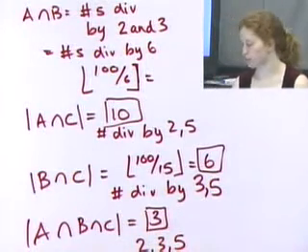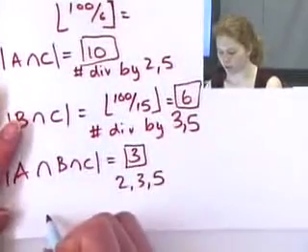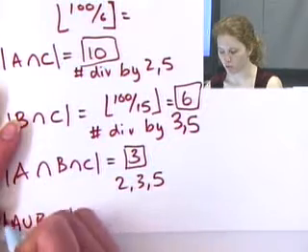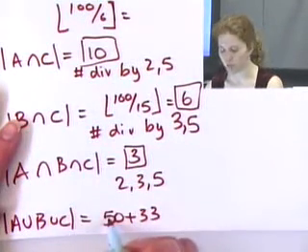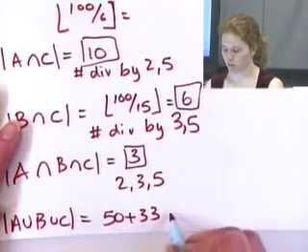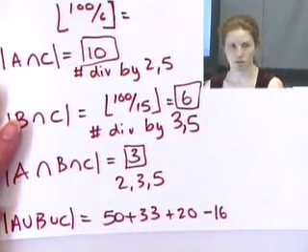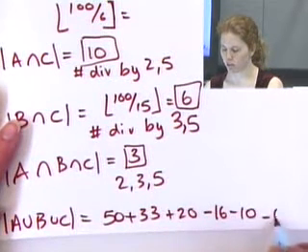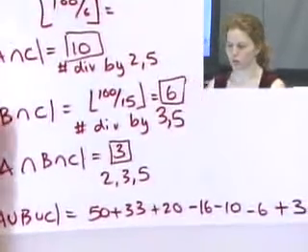So our final answer is going to be, because the size of A was 50, A union B union C, numbers divisible by 2, 3, or 5, is 50 plus 33, because this was divisible by 2, divisible by 3, plus 20, that was divisible by 5, minus 16, that was numbers divisible by 2 and 3, minus 10, that was 2 and 5, minus 6, that was 3 and 5, but then we have to add the 3 back that are divisible by 30.